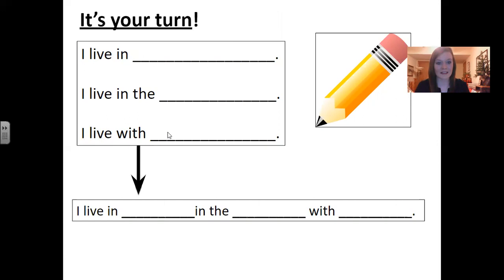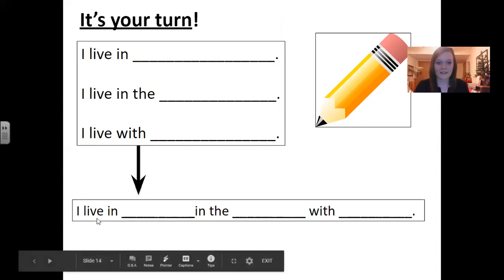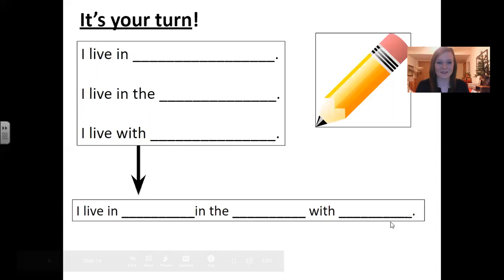I live with my father. Now I'm going to put them all together and I can see I live in a house in the suburbs with my father. Please stop the video and try by yourself.